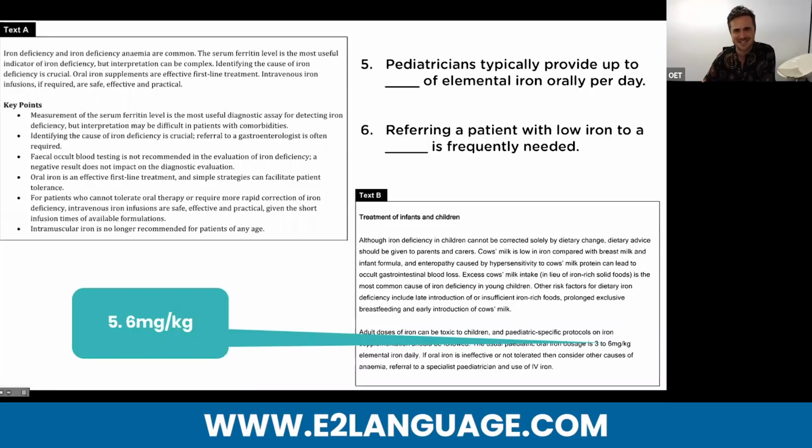And if it doesn't make sense, like if it says pediatricians typically provide up to 3 to 6 milligrams a kilo, it just doesn't feel quite right. Just be sure that, oh, maybe I don't need that little part. Maybe the answer is just this little part here. It needs to make sense grammatically, and it needs to make sense semantically in terms of meaning as well. Okay, so gotcha.